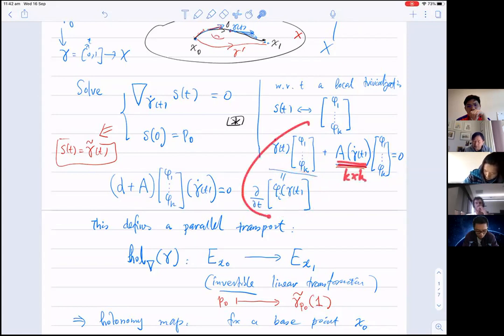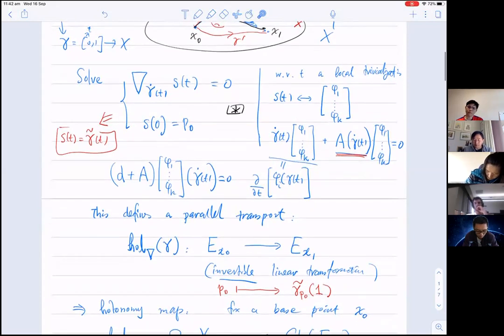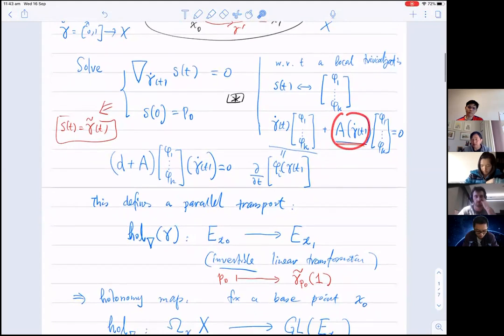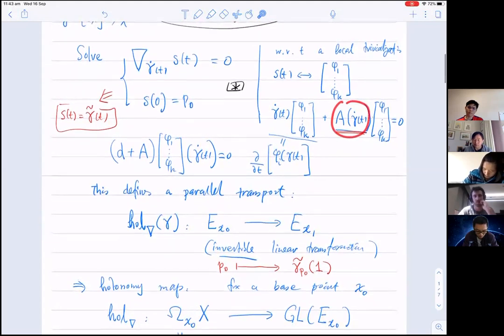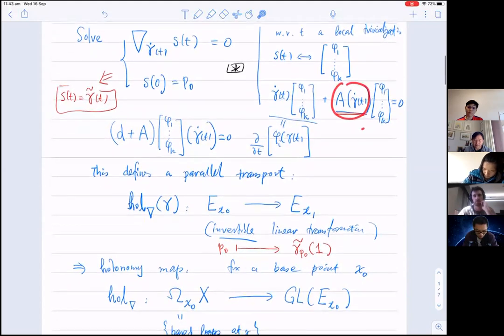So you can think of this equation as a linear, first order ODE, a system with k variables and a derivative in t, with a k by k matrix. And usually you have a unique solution once you have an initial value.